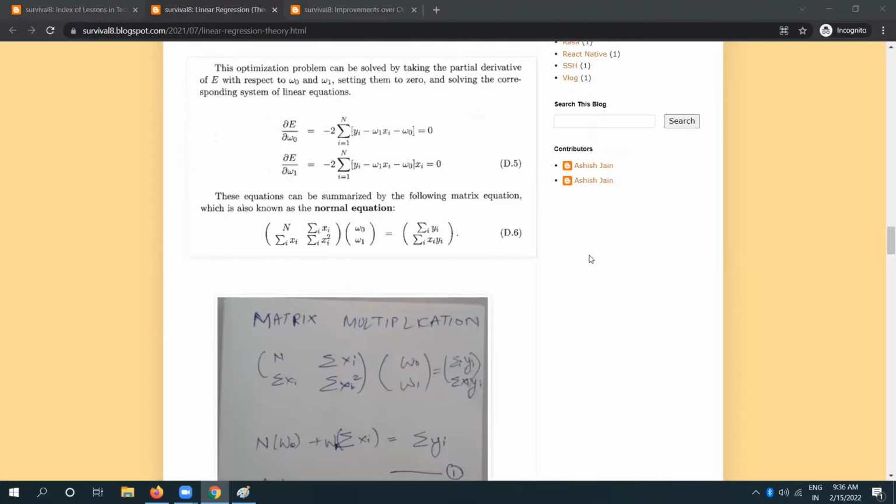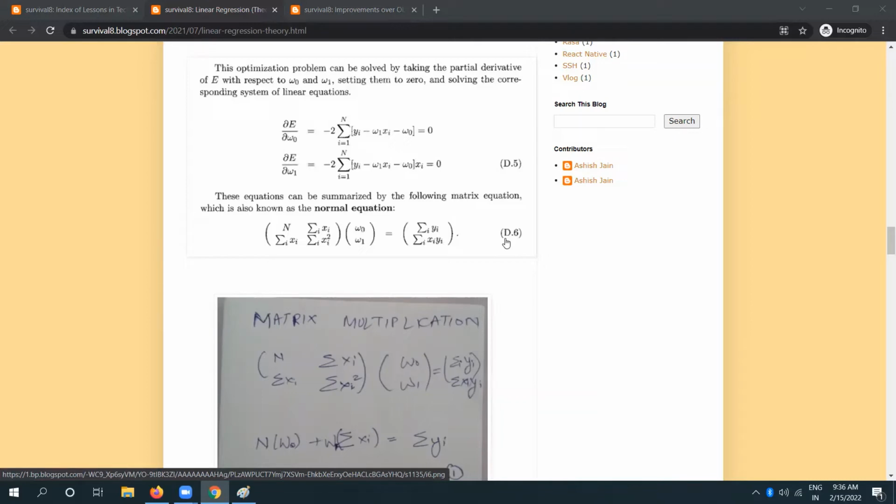Yeah, I got this part. No, not that part. This part I did not get, where you were doing the differentiation part. Okay, so basically what happens if you differentiate the error function with respect to W naught, whichever term does not have the W naught will get cancelled and become 0.